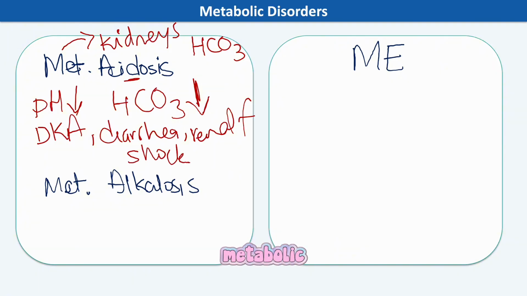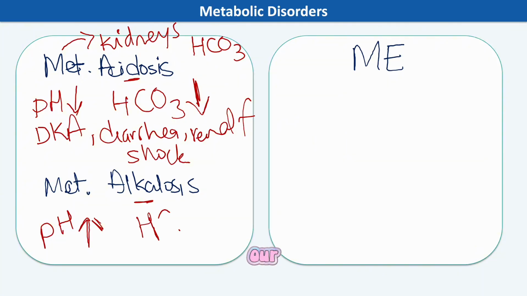All right, so we have metabolic alkalosis here. Alkalosis already gives away that our pH level is high. And what about our bicarb, our base here? Would it be high or low? It would be high, because our blood is basic here, right?